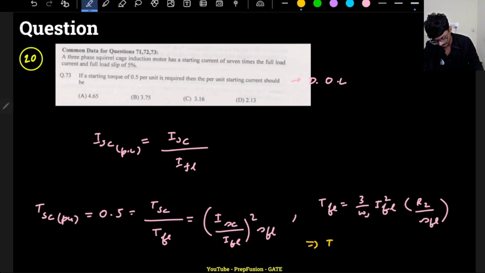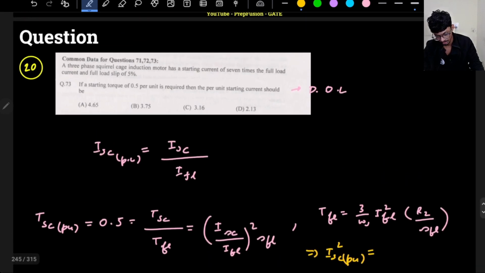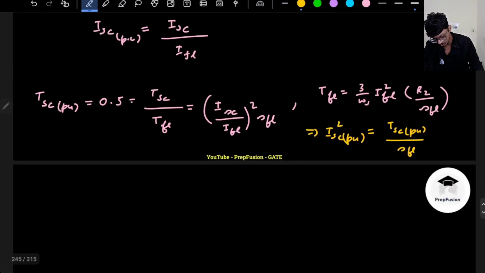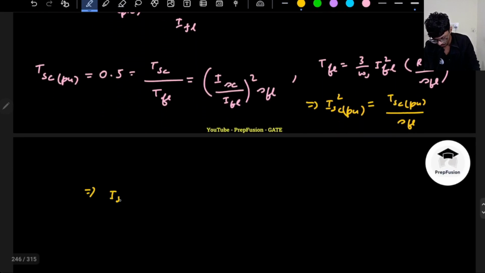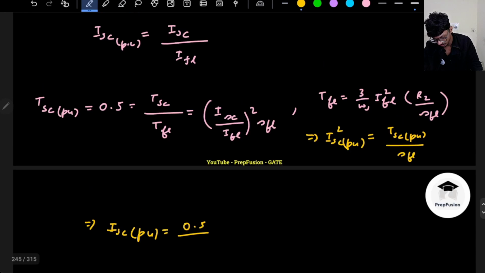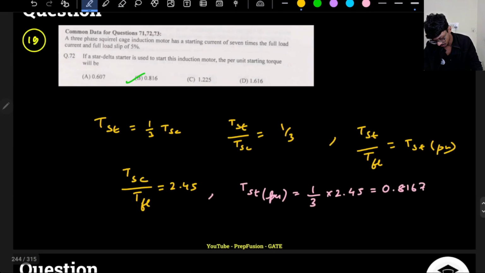So ISCPU whole square is equal to TSCPU divided by SFL. So I will take the under root basically. ISCPU is the under root of TSCPU, 0.5, divided by SFL. SFL is 0.05, if I remember correctly.